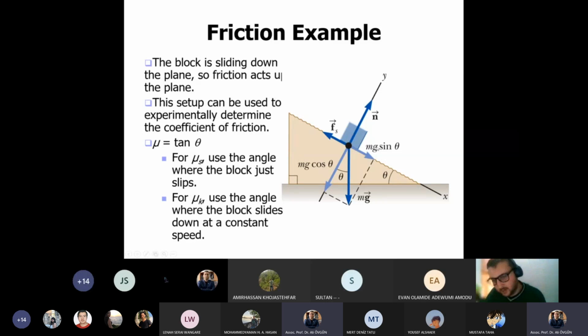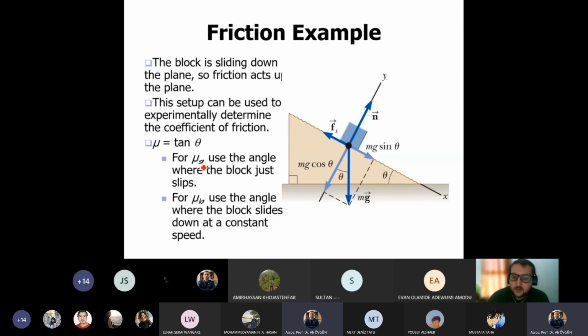So if the object is going down, the friction force is applied in the upward direction. And this setup can also be used to experimentally determine the coefficient of friction, because mu s, the static friction coefficient, is equal to tangent theta. Now we are going to derive it. And also in the experiments in the laboratory, you are going to do it later.